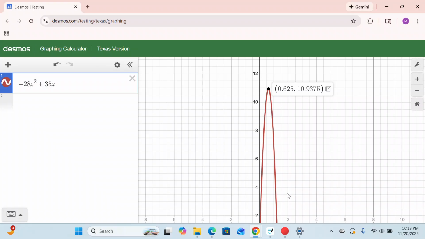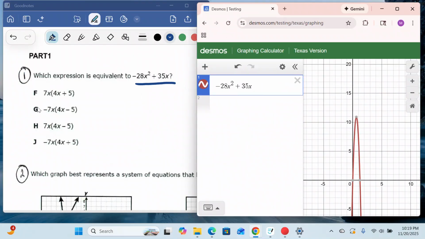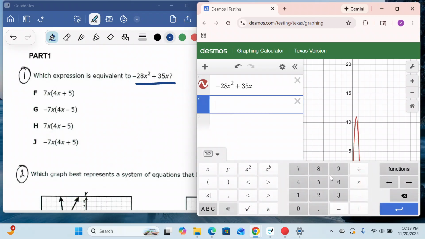If the vertex was at the very bottom of the U-shape, then it would be a minimum, but this would be a maximum. So the first strategy is using our Desmos calculator and looking at every single one, F, G, H, and J. All it would be is to input every single one and see which graph matches this. And remember, for it to be equivalent, it has to match the graph.